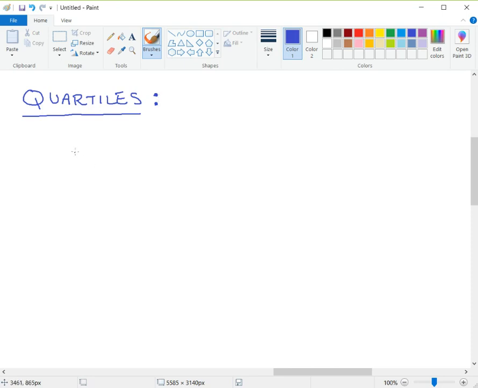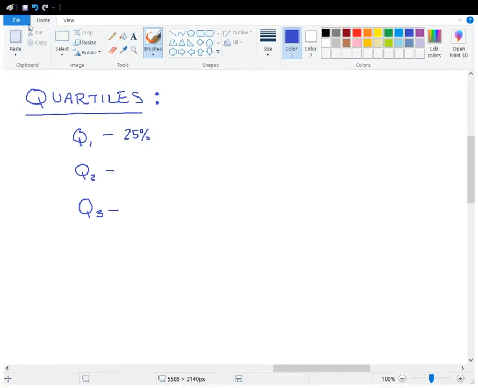Well, quartiles are the percentiles at certain points. And they're often represented with these Qs. Q1, Q2, and Q3 are three main important ones. Q1 is often represented as the 25th percentile. I don't want to write percent there, actually.